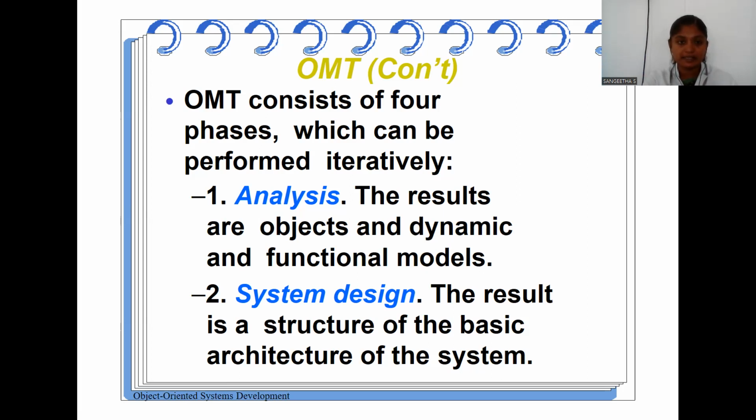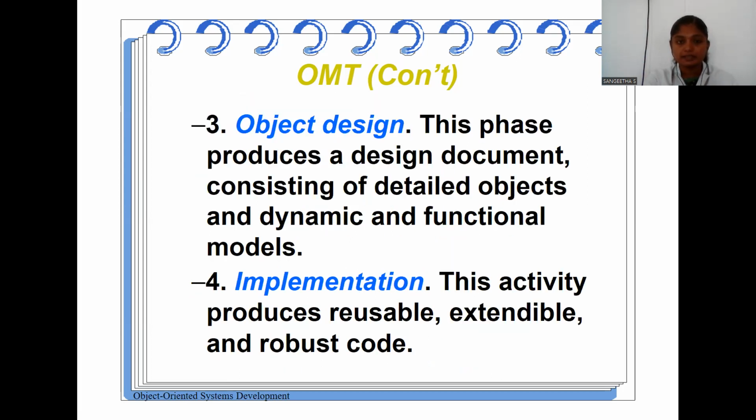The second phase of OMT is system design. The result of the system design is the structure of the basic architecture of the system. The third phase is object design.